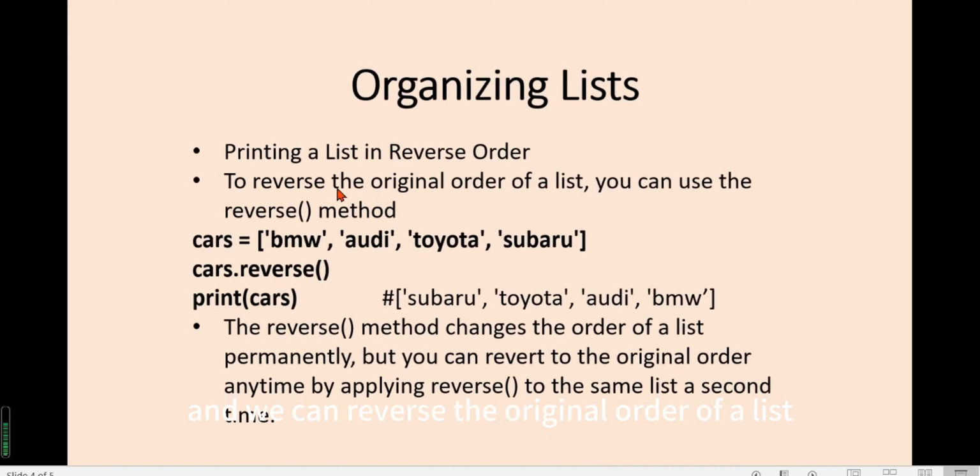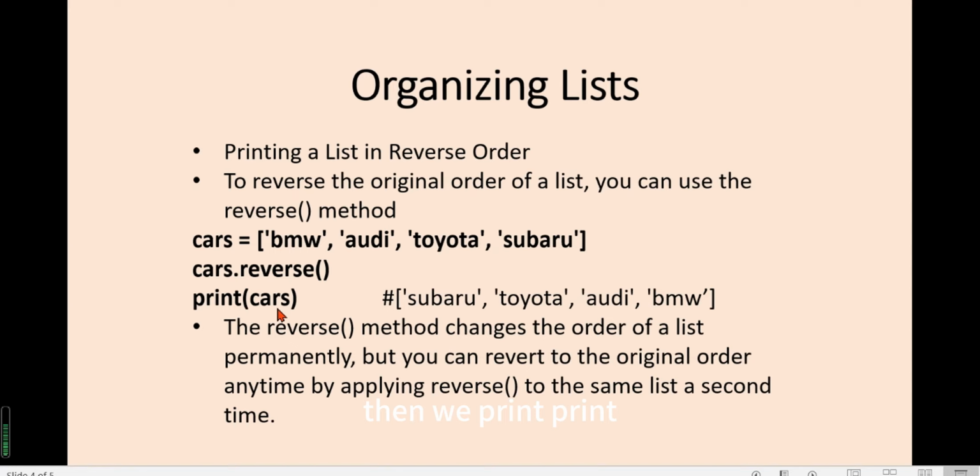And we can reverse the original order of a list, not alphabetically, just reverse the order of all items in the list. We can use the reverse method. So the original list is the same with 4 items. Then we use class.reverse().